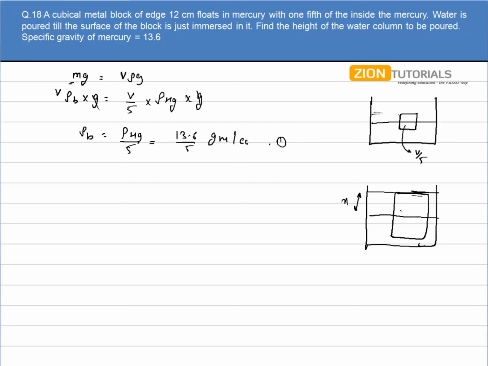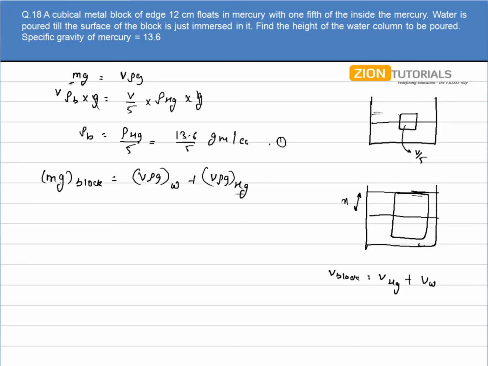Now let's say the total volume of the block will be equal to the volume that is submerged in mercury plus the volume that is submerged in water. Okay, and from equilibrium condition I can write mg of block will be equal to V rho g by water plus V rho g by Hg.